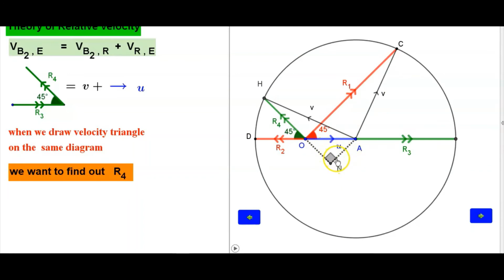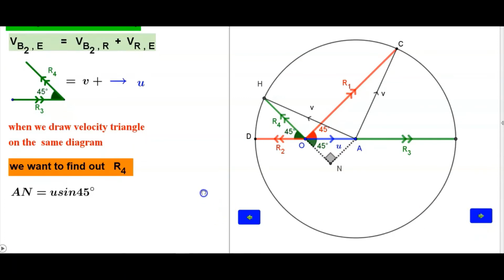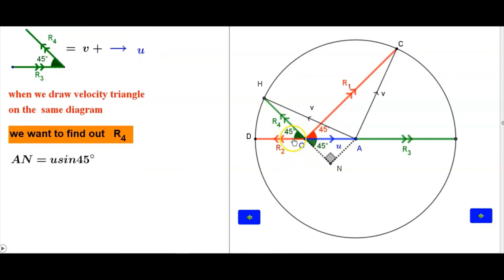Now this is 90 degrees. This is also 45 degrees, vertically opposite angle. We already know this is 45 degrees. Therefore, AN: this one is U, and this angle is 45.